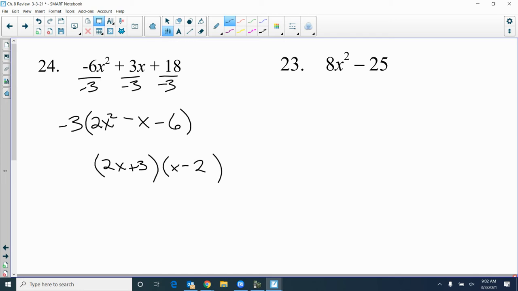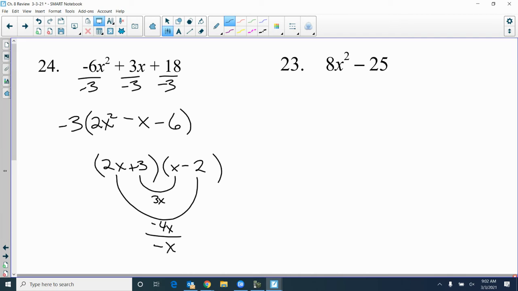So we did guessing and checking. When we switch those symbols, I'm going to check this. I'm going to check my inside terms, which is 3x. I'm going to check my outside terms. So 2x times negative 2 is negative 4x. I combine those, 3x minus 4x is negative x.